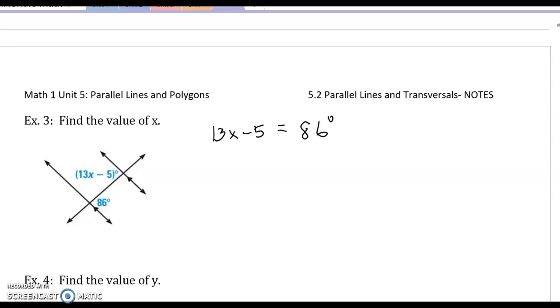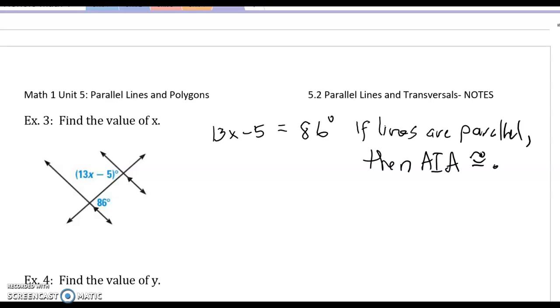You need to make sure you know that I will be asking you this on the quiz and the test for this unit. So what caused us to make 13x minus 5 equal to 86? If lines are parallel and they're cut by a transversal, then the alternate interior angles are congruent. That's our justification. That's our reason for writing this equation. x equals 7.